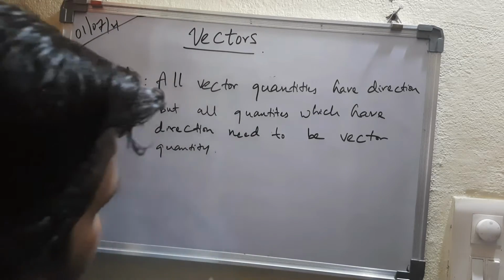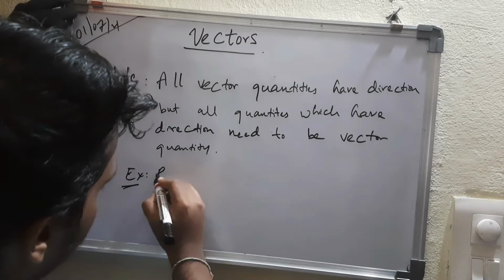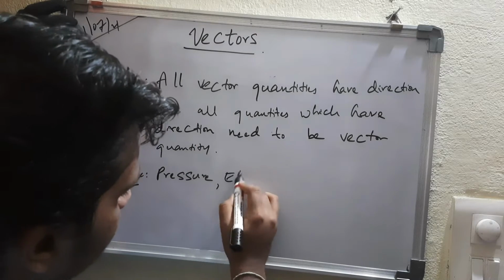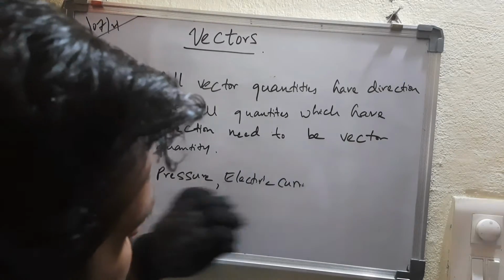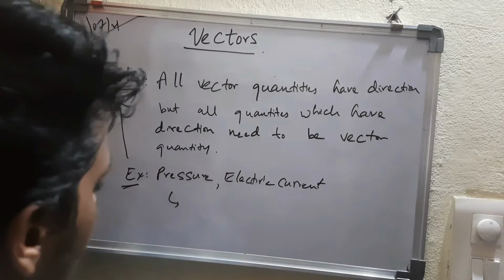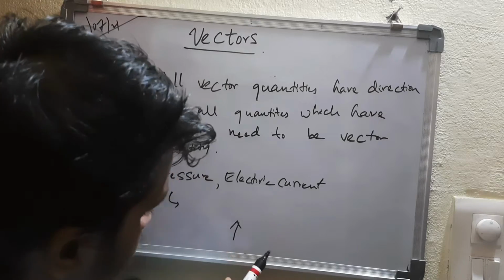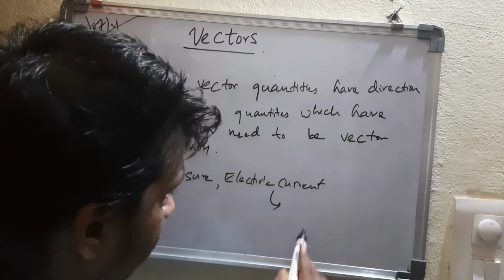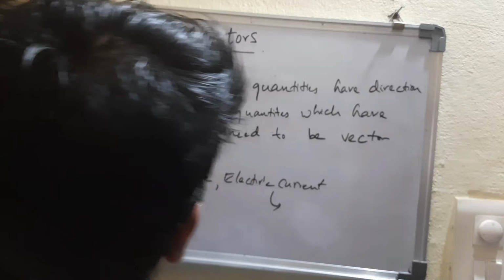For clear understanding, I'll give an example for this. Examples are pressure and electric current. Why did I take these two quantities? Because for pressure, we say pressure upwards; for electric current, we can say 3 ampere towards this side, but electric current is not a vector quantity, okay.